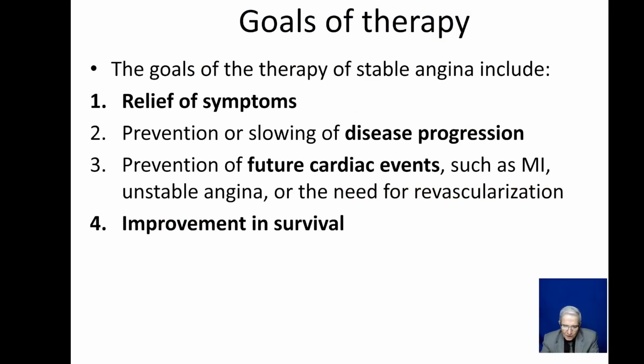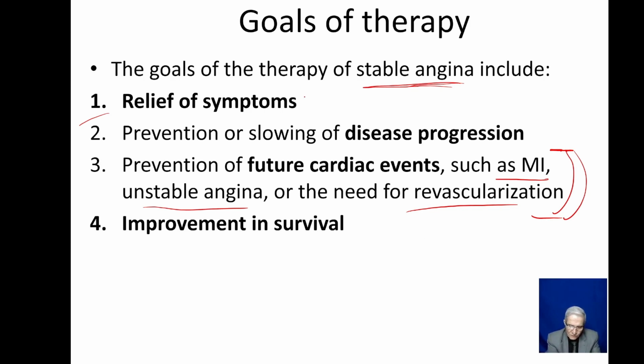Moving to the goals of therapy in patients with angina or stable angina. Number one, relief of symptoms; prevention or slowing of disease progression; prevention of future cardiac events such as MI and unstable angina, and the need for revascularization. If we leave the patient without treatment, the patient may progress towards complications of angina, such as MI and unstable angina, and need for revascularization.